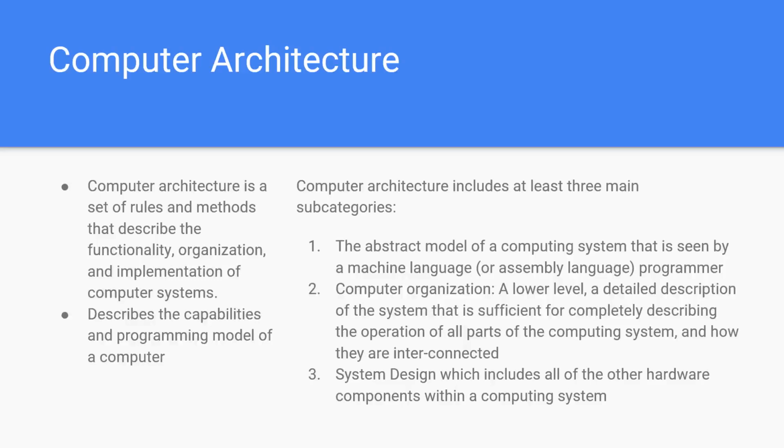And there is an abstract model of computing that's seen by machine language. And machine language really is what runs on the processor for the computer. Maybe you've heard the term CPU. The CPU is a chip.